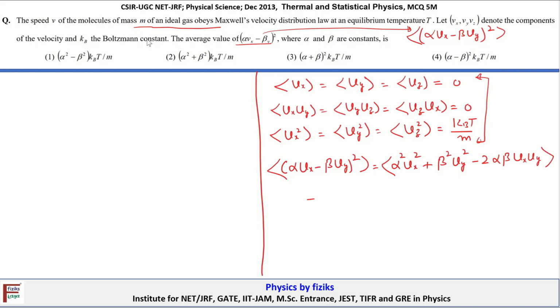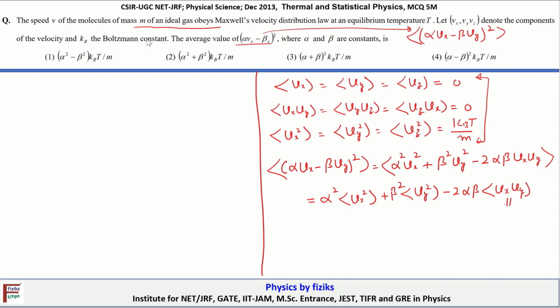Now this can be written as alpha square, but it's a constant, so we can take it outside the average, so average of Vx square plus beta square and then average of Vy square minus 2 alpha beta average of Vx Vy.